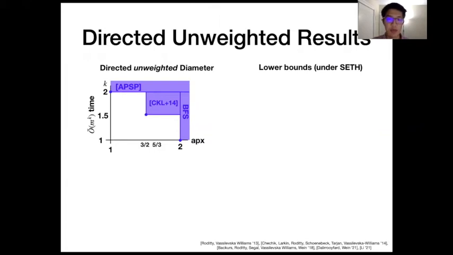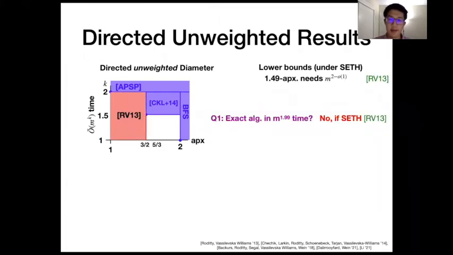Now let's turn to the results for directed unweighted graphs. Again, there's no exact algorithm in truly subquadratic time, and in fact, this lower bound even holds for undirected graphs. In terms of lower bounds for near linear time algorithms, for the weighted graphs, previously the best approximation hardness was 7/4 minus epsilon. For unweighted graphs, it was only 5/3 minus epsilon.